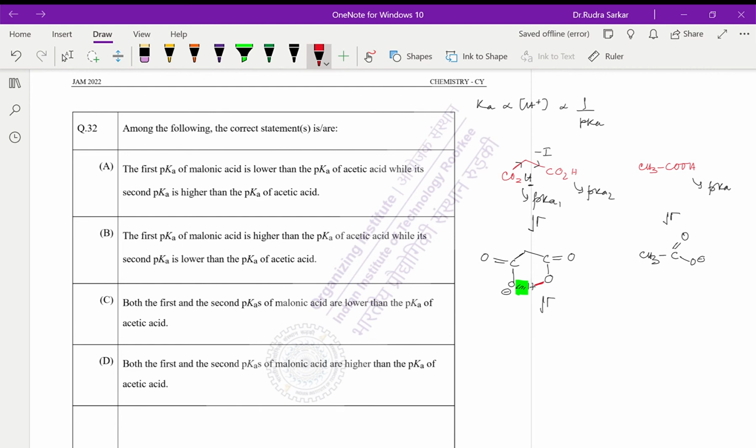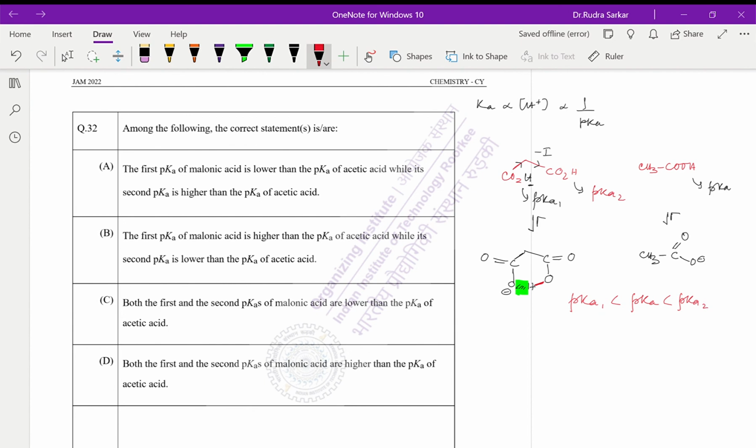So that thing being there, we will say that this pKa2 should be higher than that of pKa. So that way we will say pKa1 is less than pKa of the acetic acid, which is less than the pKa2, that is for the second proton of the malonic acid.